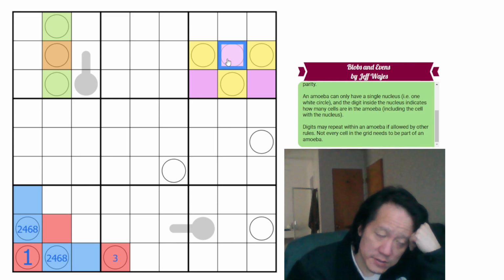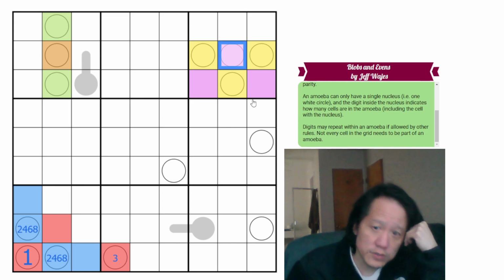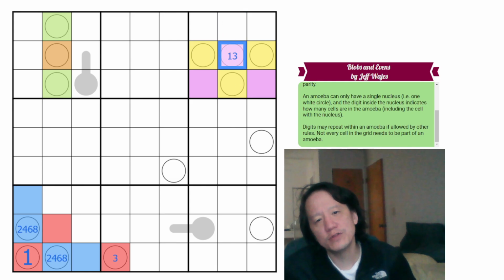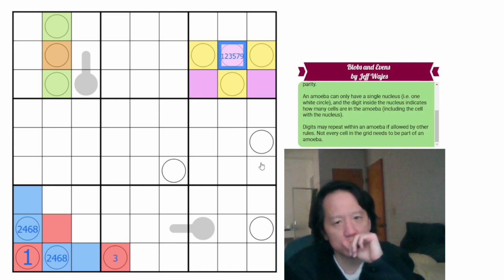What is this? If it's odd, it could be 1, 2, 3, and then continue out. If it's even, it can only be 2. So this could be 1, 3, 5, 7, or 9, or 2.